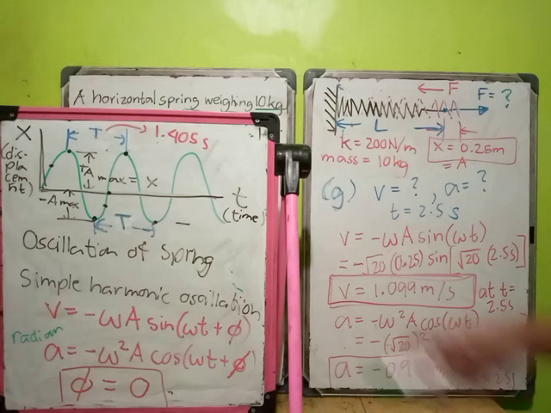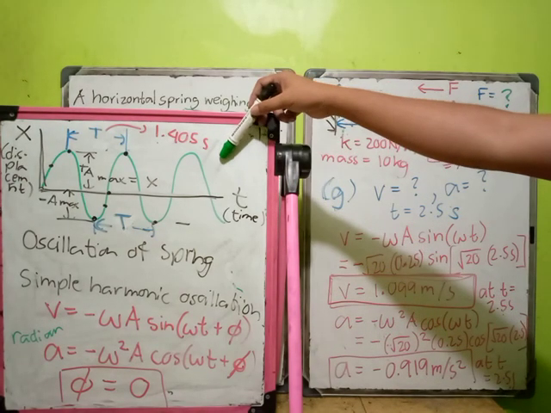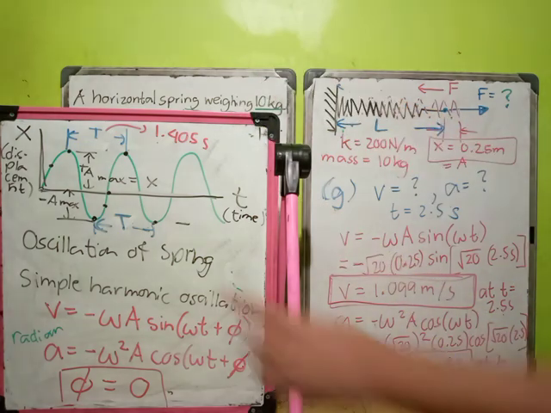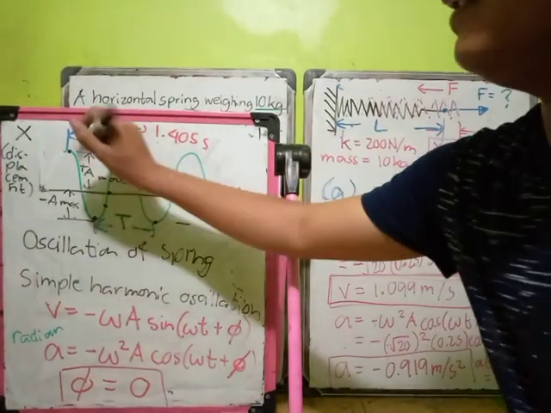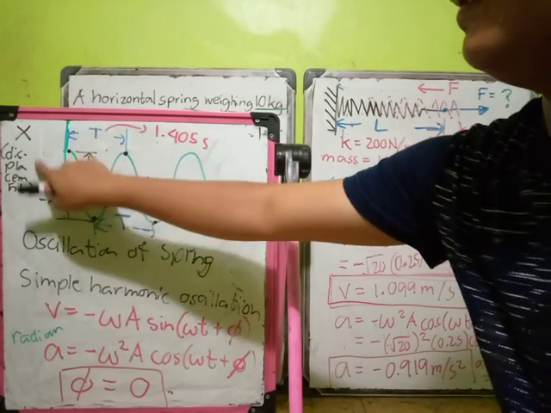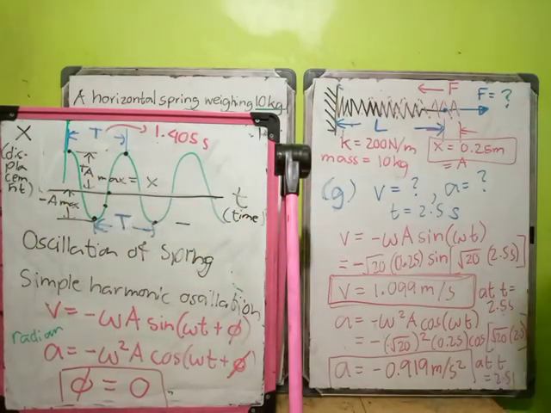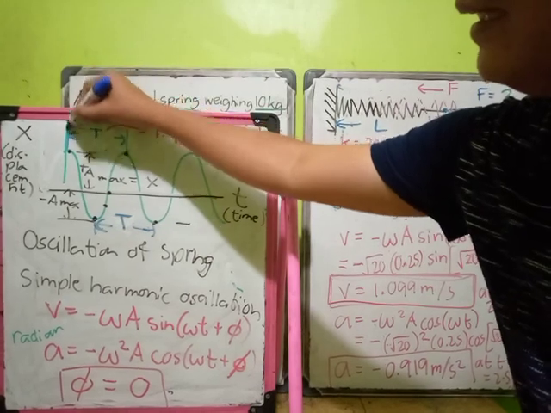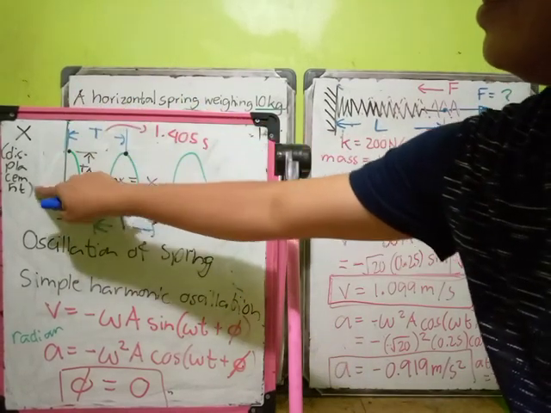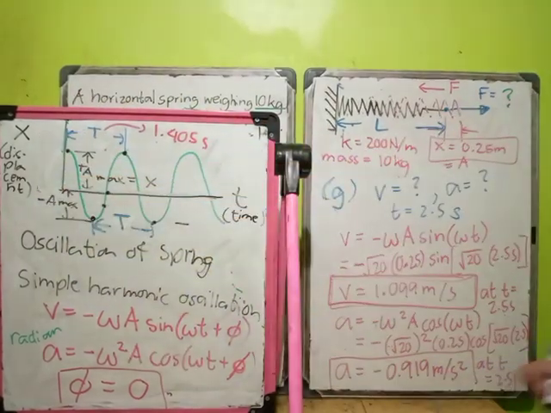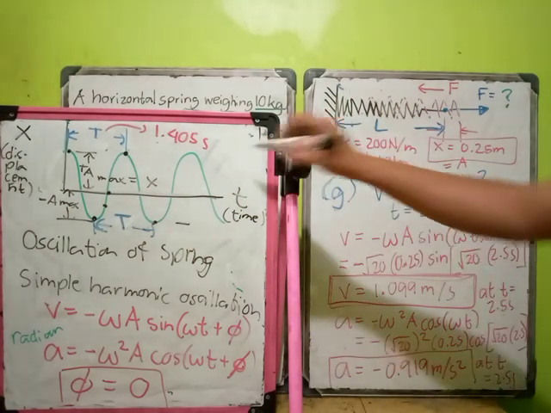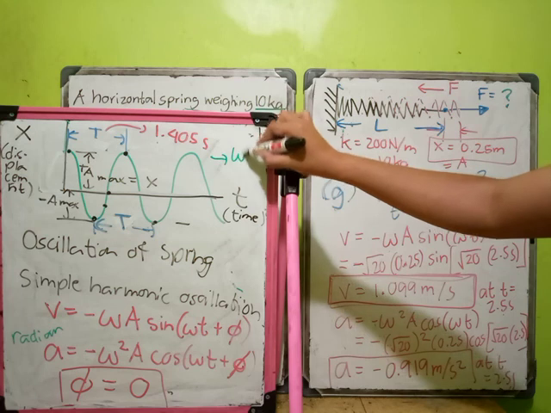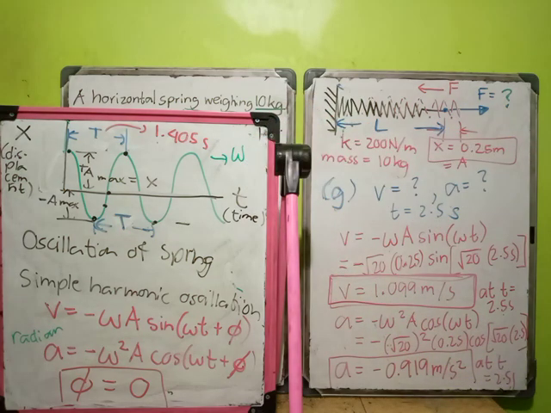So, actually, paalala lang, this is usually a cosine. So, mas tama siguro kung dito nagsimula yung x. So, it is actually a cosine function in which it is traveling at omega or angular frequency. Okay? So, ito yung mga sagot natin.